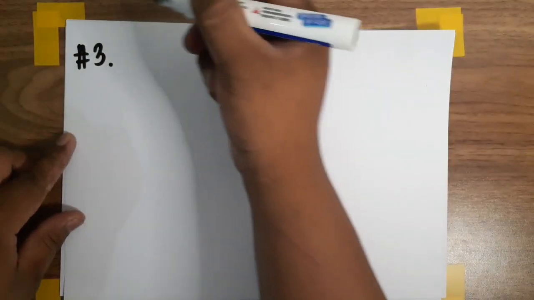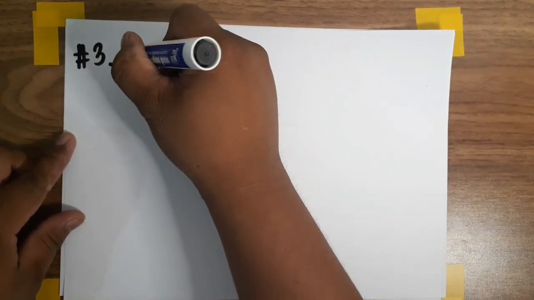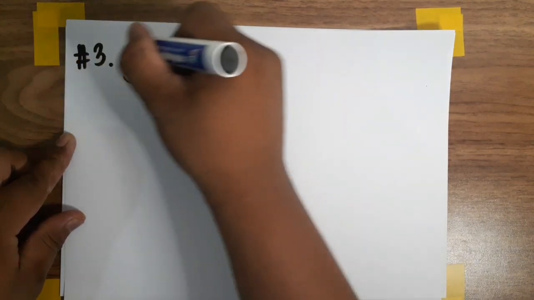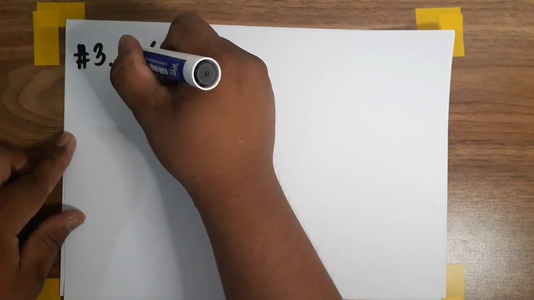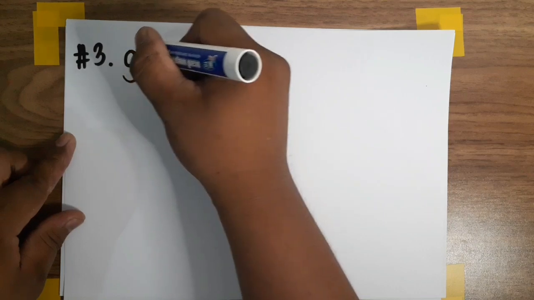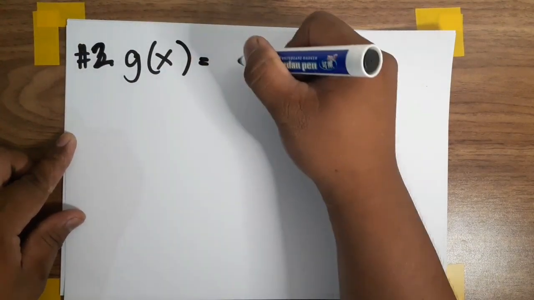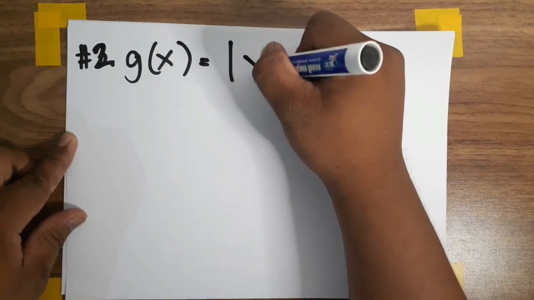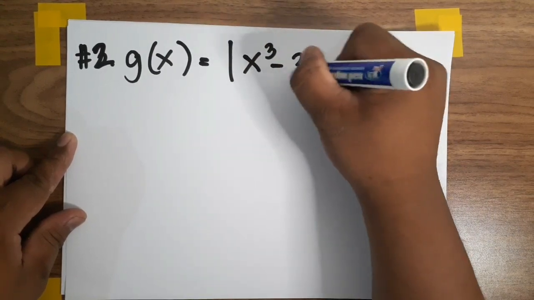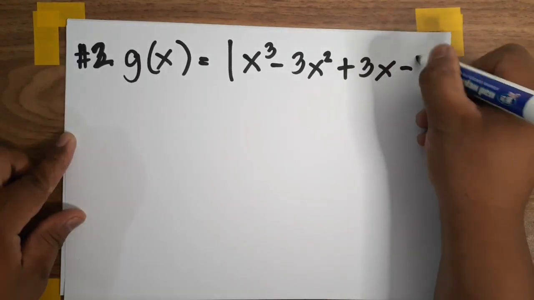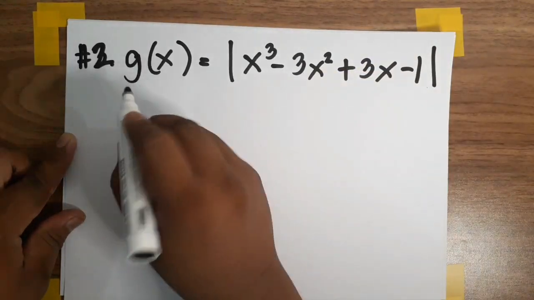Similarly, given number 2, you have g of x, which is equivalent to the absolute value of x cubed minus 3x squared plus 3x minus 1.